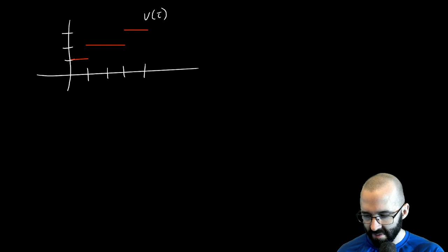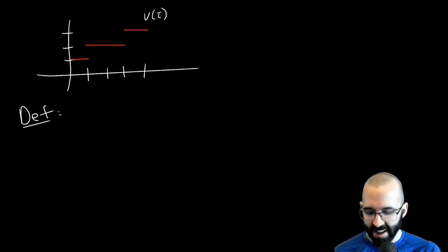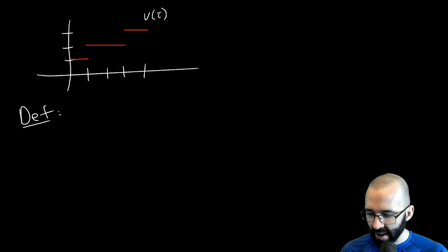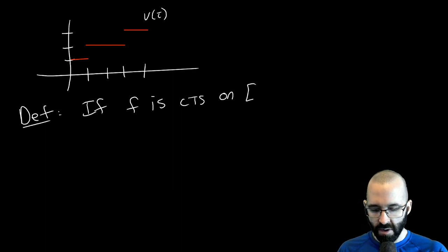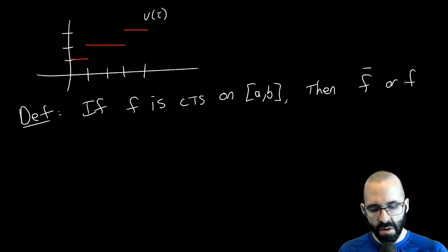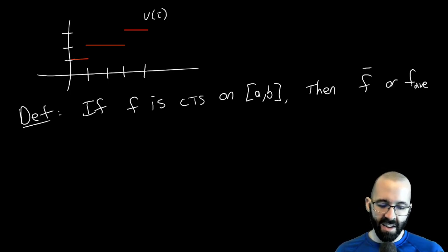Property, definition. I don't know if it's a definition or a property. You can call it whatever you'd like. If f is continuous on the interval from a to b, then we say f bar, or the book calls it f av, which frankly I don't like.